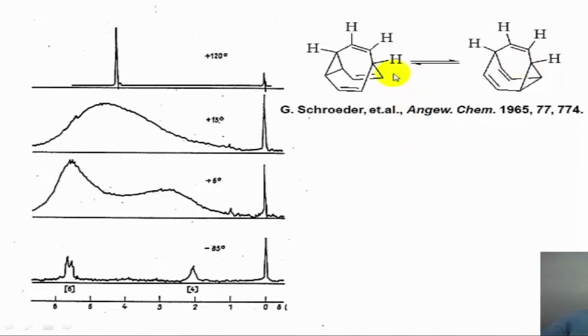So imagine this molecule is undergoing a very rapid 3,3 sigmatropic rearrangement, generating itself again and again. The hydrogens become indistinguishable, and at plus 120 degrees Celsius, the 10 hydrogens essentially appear as a sharp singlet. And under these conditions, the molecule is undergoing a very rapid 3,3 sigmatropic rearrangement.